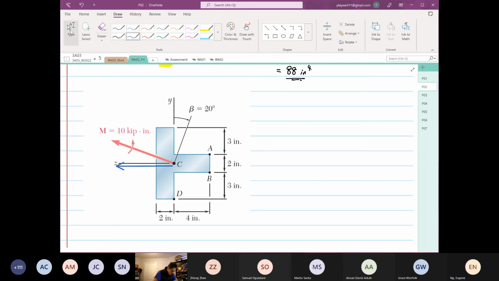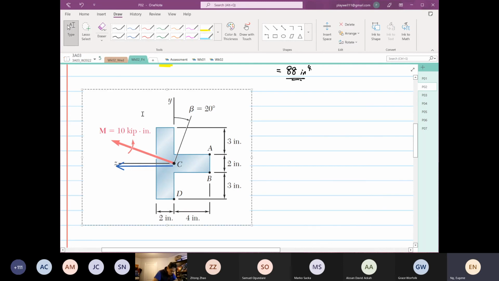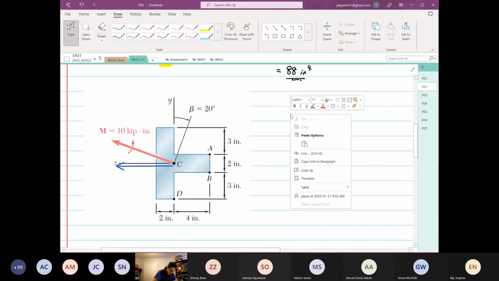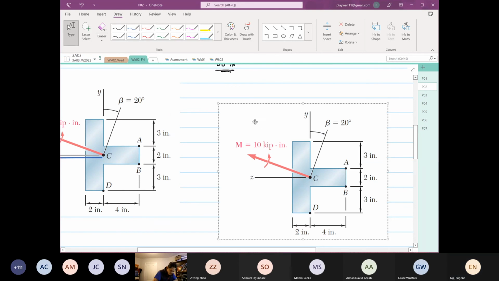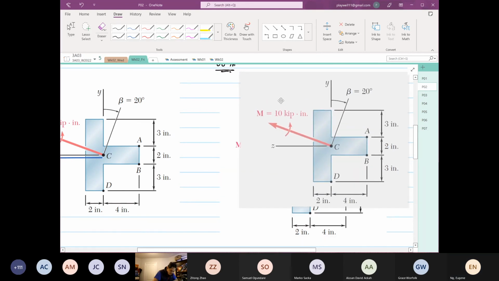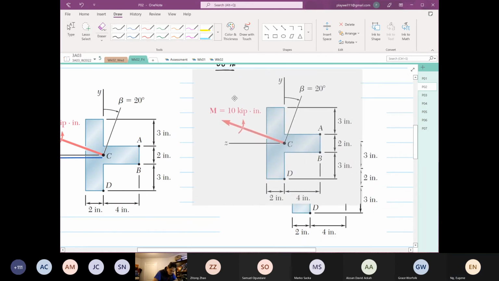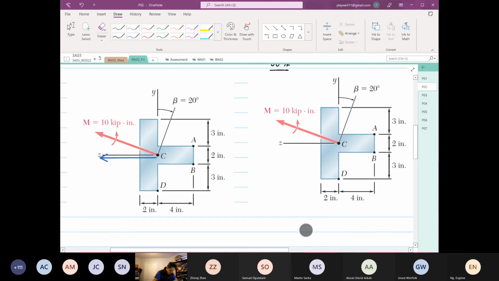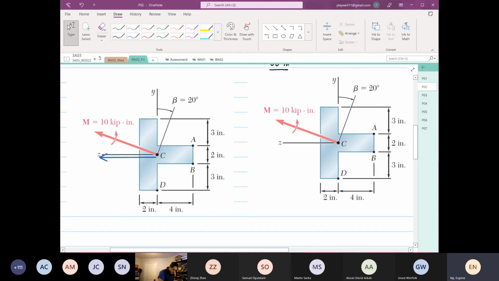Okay. I'm going to copy this diagram again and paste. So this is our MZ. Using the right hand rule, my thumb points towards the left, I grab. Don't close your hand, just grab.